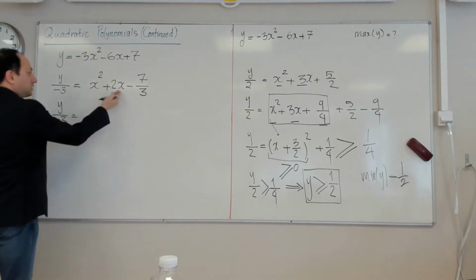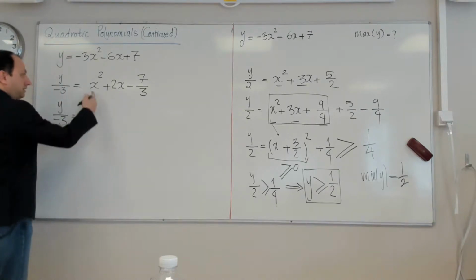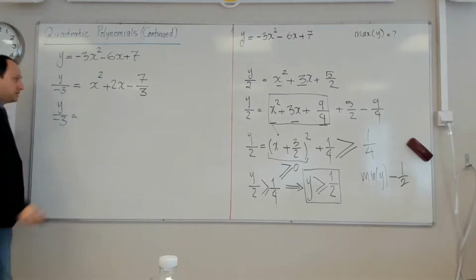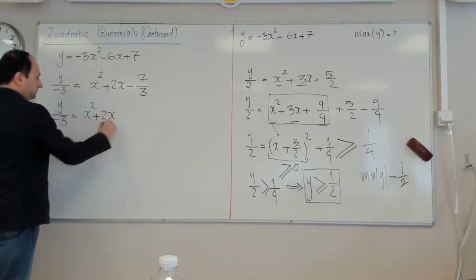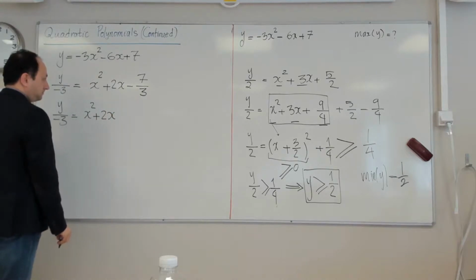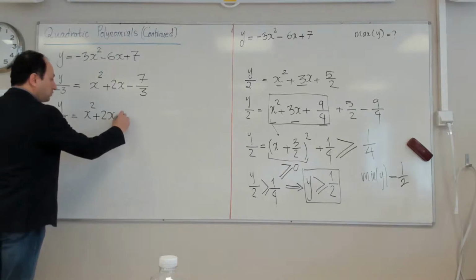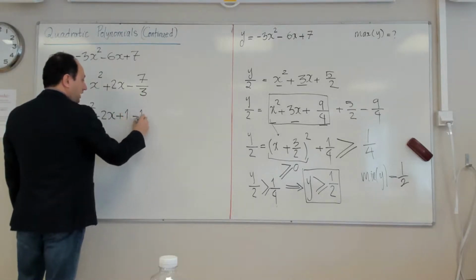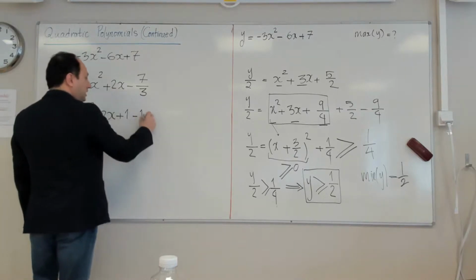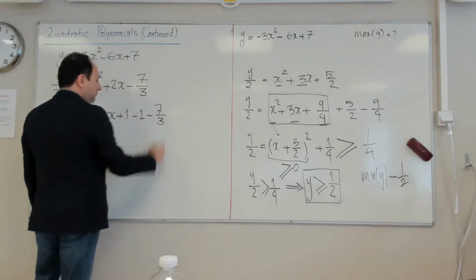And then what is the golden number that I need to add to complete a square? Very simple. What's the number? 1. I add 1. I also have to subtract it. And then I also have a negative 7 over 3.